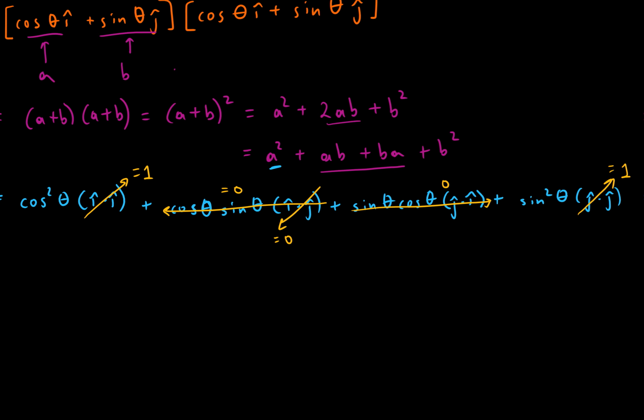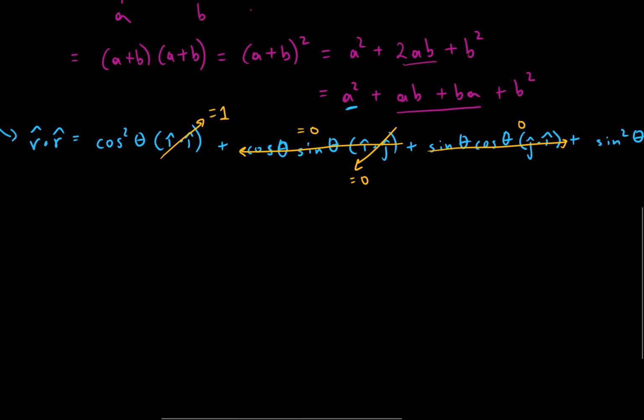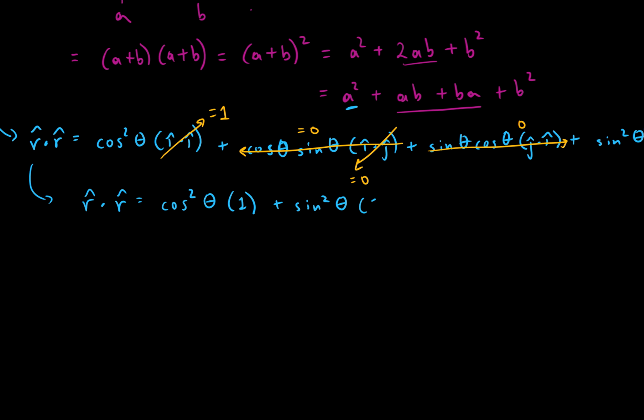As a result, we see that r dot r is equal to cosine squared theta times 1 plus sine squared theta times 1, which is equal to cosine squared theta plus sine squared theta. But this is just a trigonometric identity, which is equal to 1.